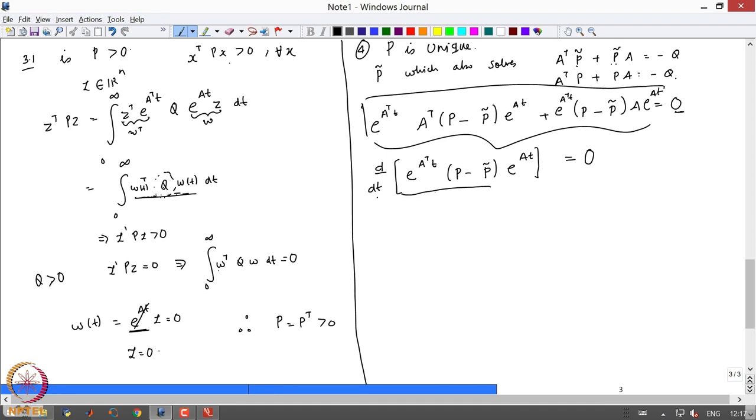Okay, when d by dt of something is 0, I know that e power A transpose t (P minus P tilde) e power A t is some constant.